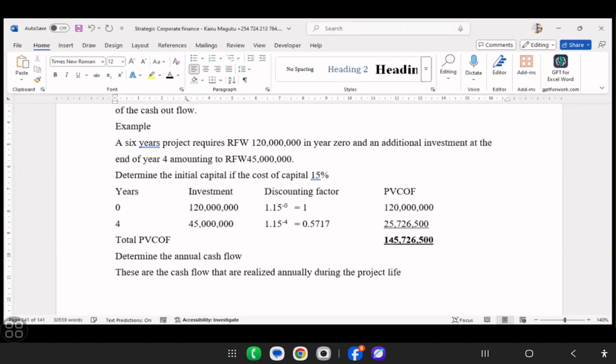They are determined annually during the project life. When determining this one, let me see. I think I should give an illustration instead.